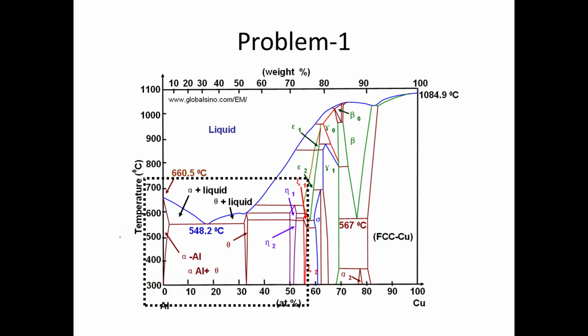Okay, so if you make a diffusion couple between this and this, from this point to this point, I will call this the A point and this the B point.